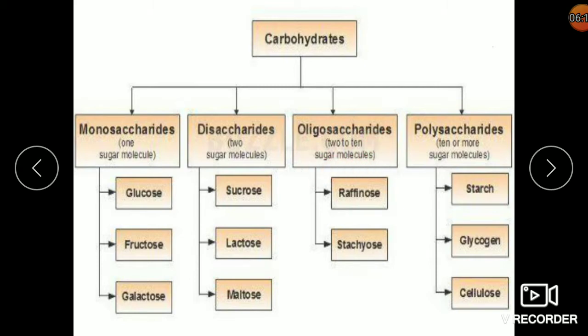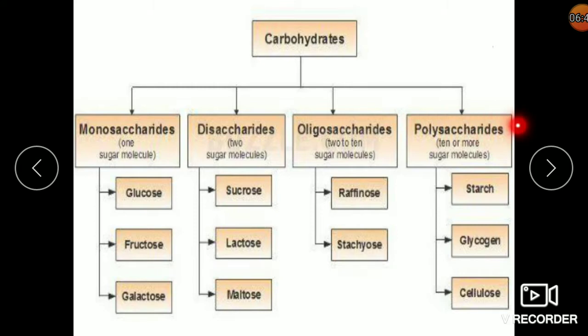That means if a saccharide is producing 3 simple carbohydrates, then also it will come under the category of oligosaccharide. A disaccharide is also an oligosaccharide. Examples are raffinose and sucrose.